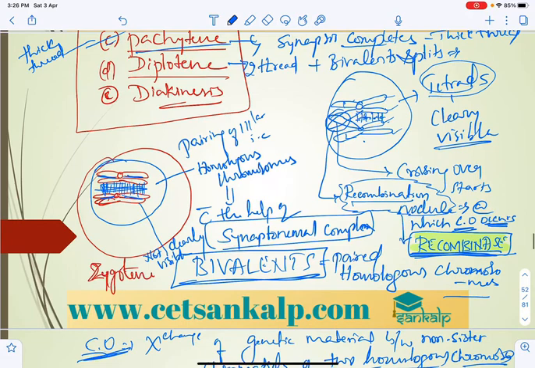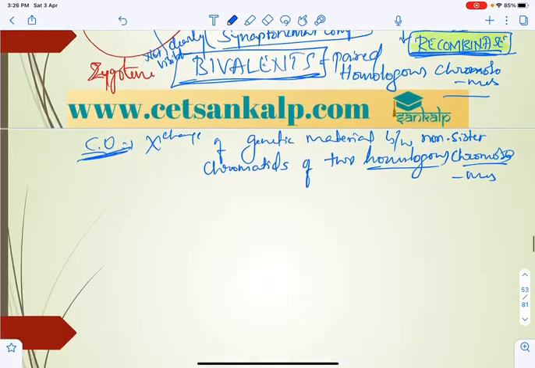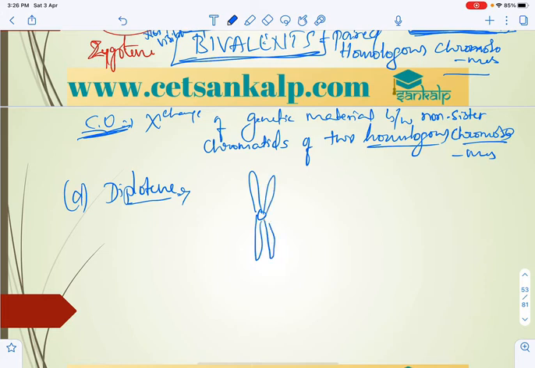In diplotene, the synaptonemal complex undergoes dissolution. Here we can say that the point where crossing over takes place leads to the formation of an X-shaped structure that is clearly visible in the diplotene stage.